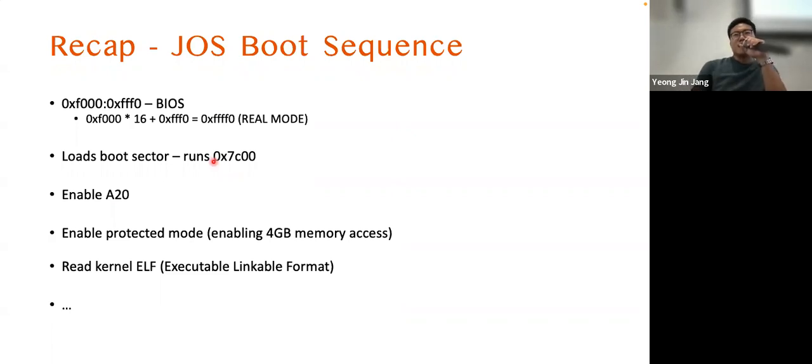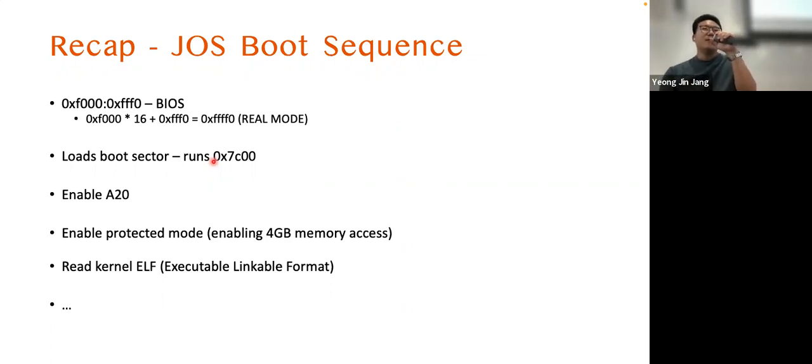By doing so, the early engineers didn't have to switch the segment number between the two. That's why this feature exists, but these days we don't need it. If we ignore the 1 megabyte line, then we almost lose half of the memory. So that's why we need to enable that.